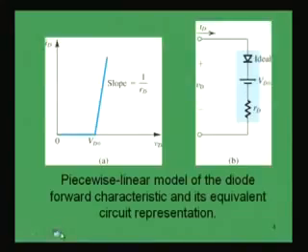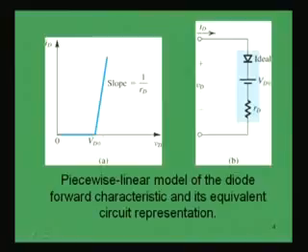So, now the piecewise linear model of the diode forward characteristic is giving us the equivalent circuit representation, which is shown here in figure B. This figure A is the piecewise linear model. This VD0 is the threshold voltage or cut-in voltage, because of the barrier potential.